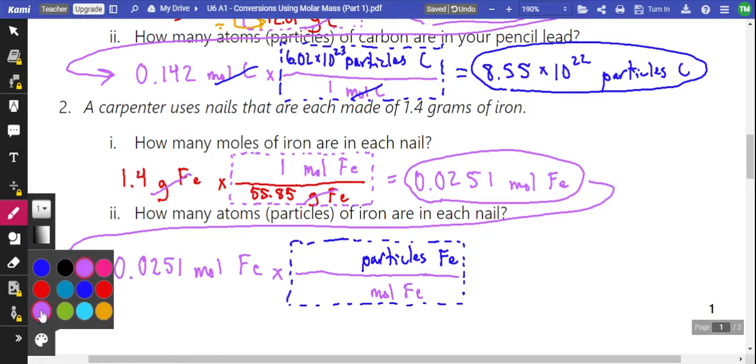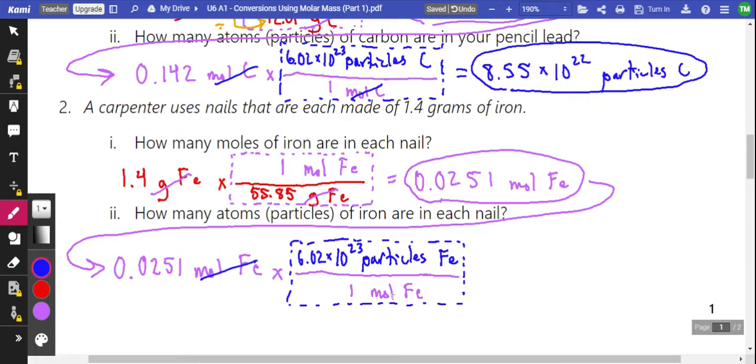So in 1 mole of iron, there are 6.02 times 10 to the 23rd. That big old nasty number. Okay, so if we multiply by the top, divide by the bottom, our moles units should cancel. We'll be left with the unit of particles of iron.